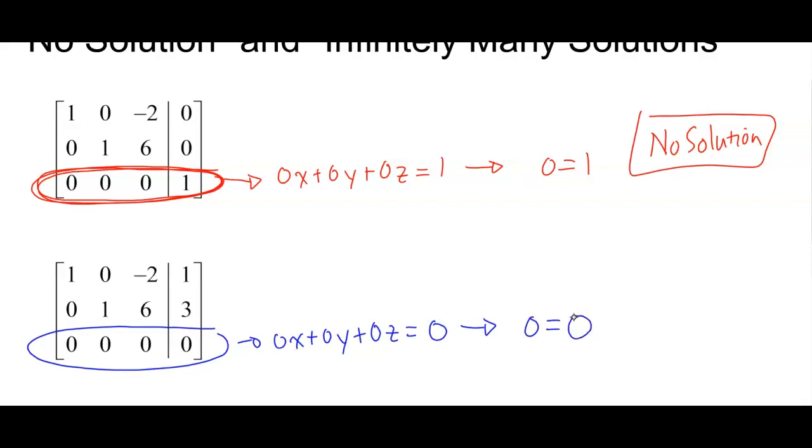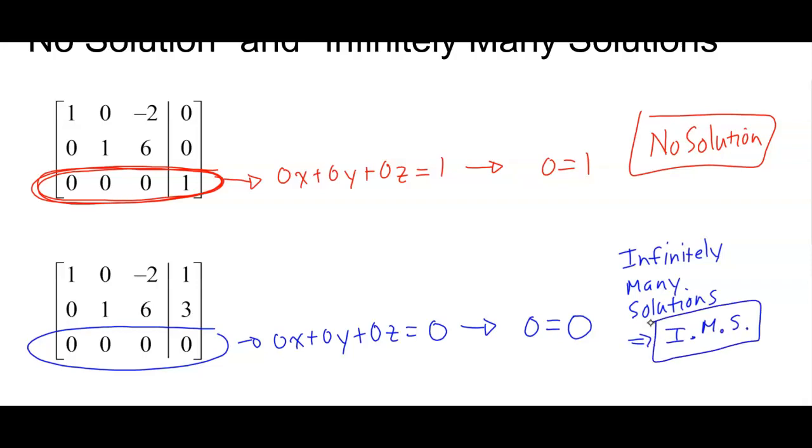And back in Algebra 1, that used to mean that you would have infinitely many solutions. I suspect that back when you were in Algebra 1, almost everybody probably translated that into IMS and just abbreviated. And we're going to do the same thing here. If you write on a test IMS, I know what you mean. It means infinitely many solutions.